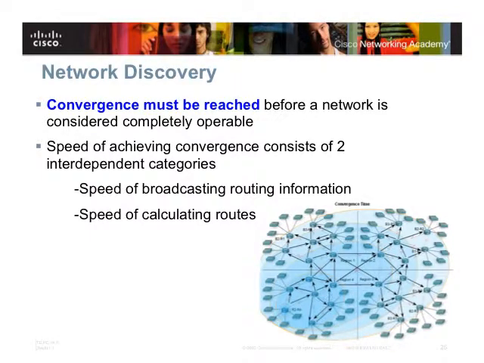And if one update takes 30 seconds, chances are this network will not be operable for quite some time. And that's why we say that distance vector routing protocols are, in general, not scalable, because they suffer from slow convergence.